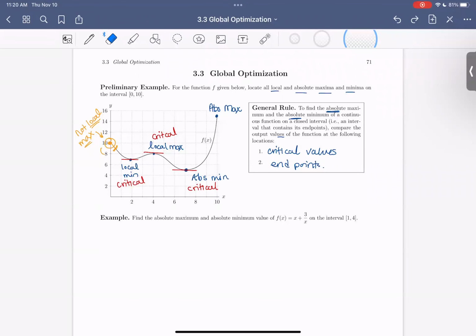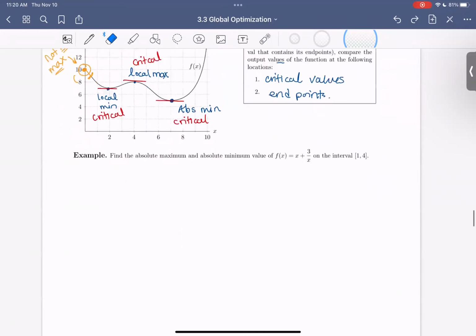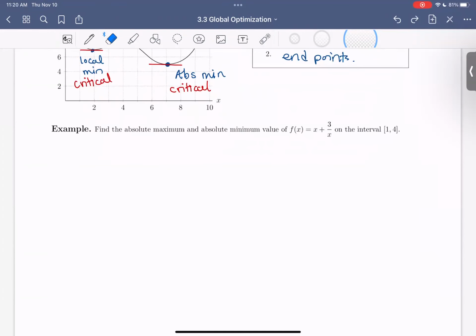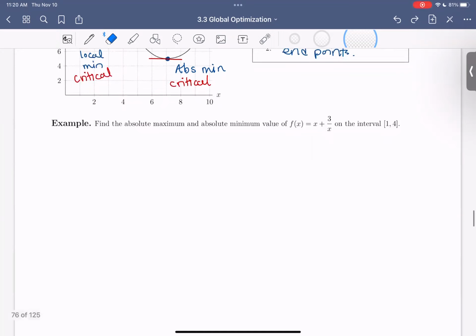All right, so now that we've thought about the preliminary example, let's look at the first example in this section 3.1. For this example, we want to find the absolute maximum and absolute minimum values of the function given algebraically, so without a graph, on the interval from 1 to 4.